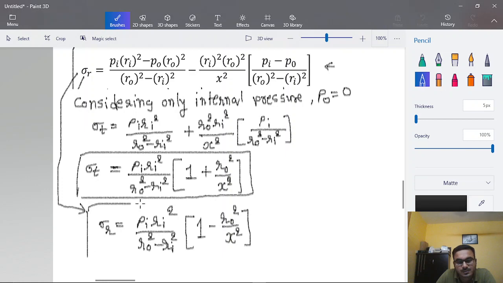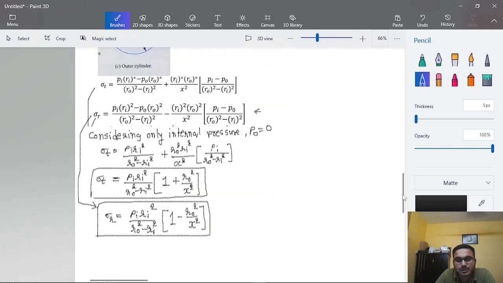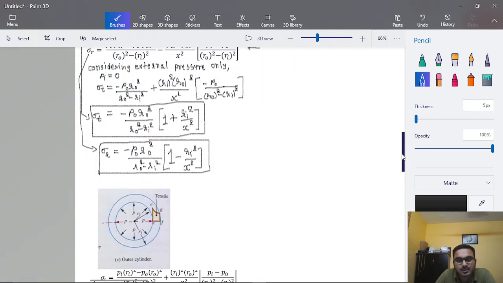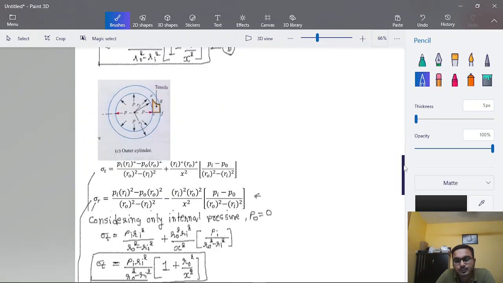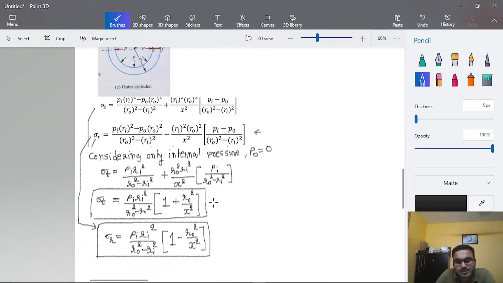So this is one more equation that we have obtained. If you are understanding this, let us denote these equations as equation A, equation B, equation C, and equation D.